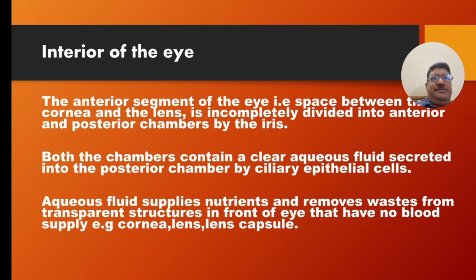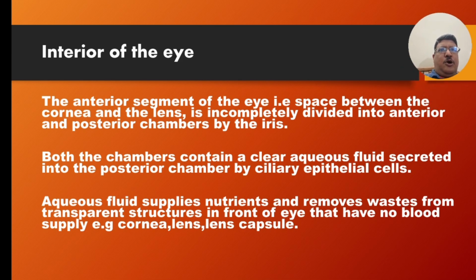The anterior segment of the eye: the space between the cornea and the lens is incompletely divided by the iris into anterior and posterior chambers. Both chambers contain a clear aqueous fluid secreted into the posterior chamber by ciliary epithelial cells.